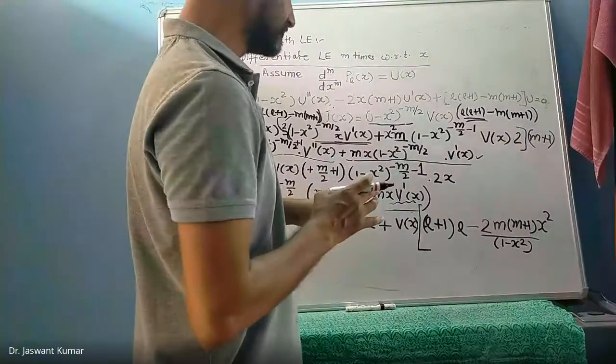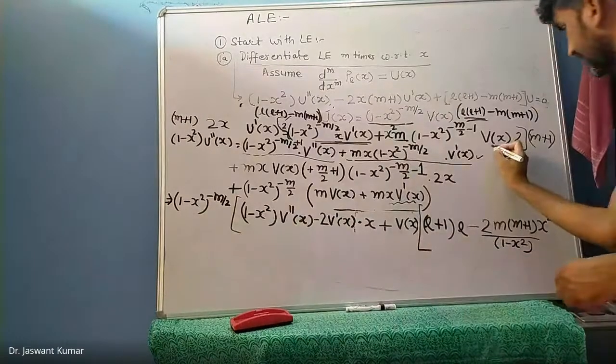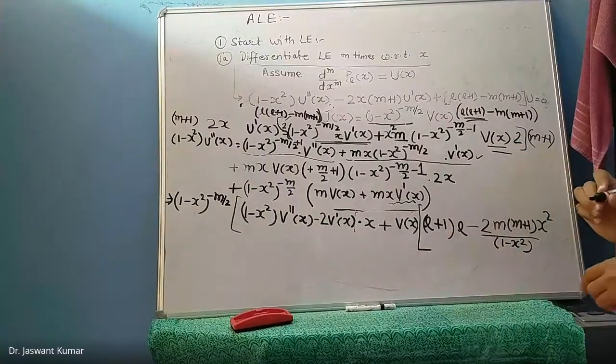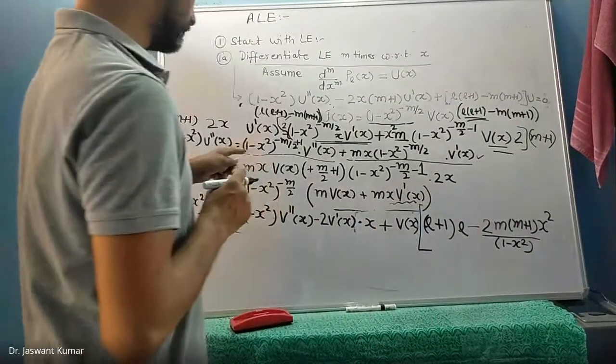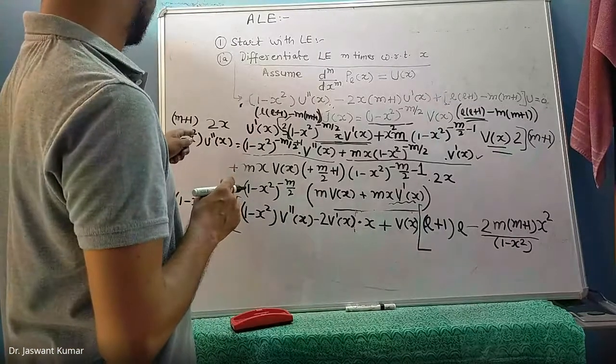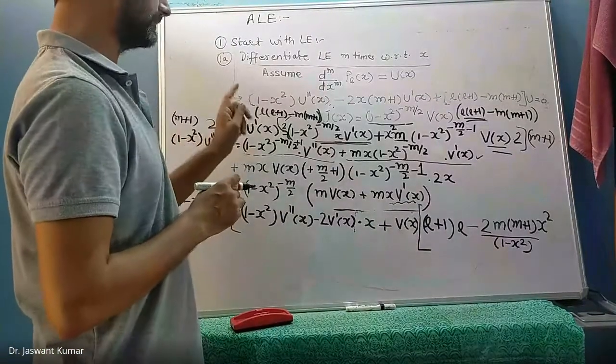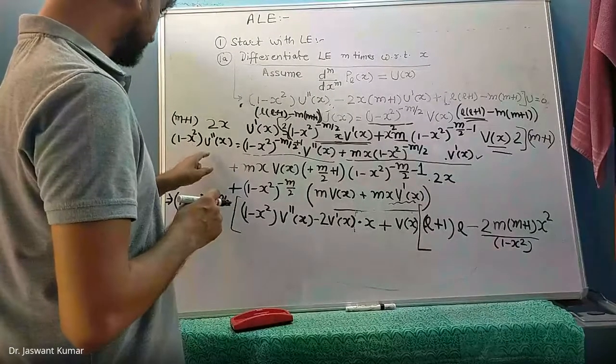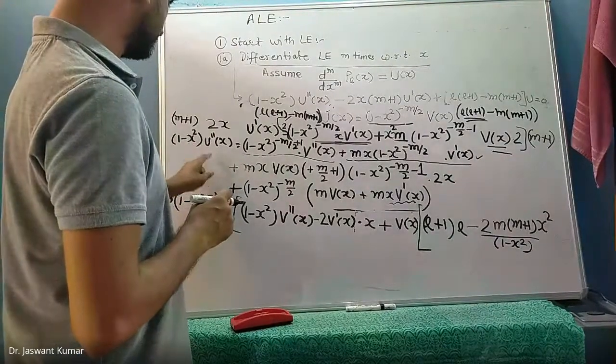Then now we have taken care of this term. So we have taken care of the two terms from the middle term. So let us see what is the v of x term from the third term.